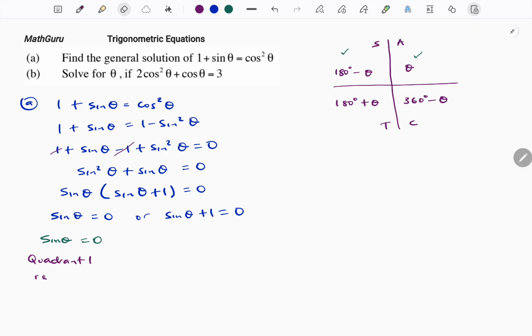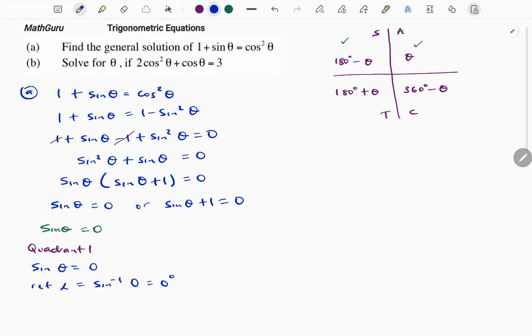I'm going to start with sine theta equals 0. So therefore my reference angle is equal to arcsine of 0, and arcsine of 0 will give me 0 degrees.